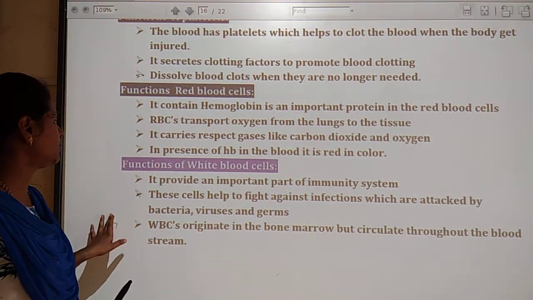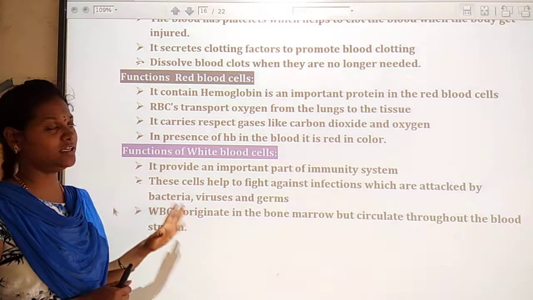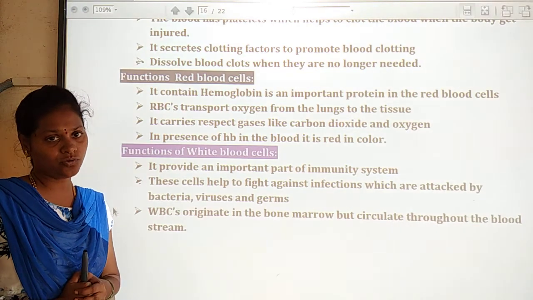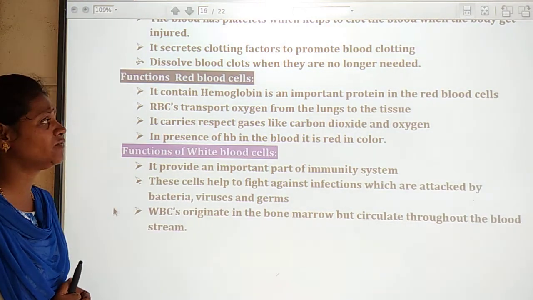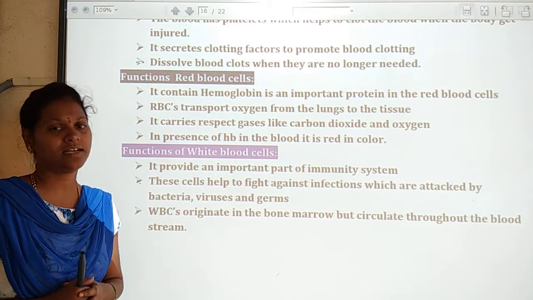And next one is what? Functions of the red blood cells. So why does the blood look red in color? Do you know? Here the presence of the hemoglobin in the blood makes it look red in color.